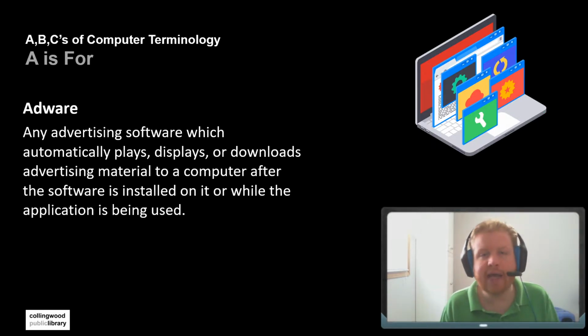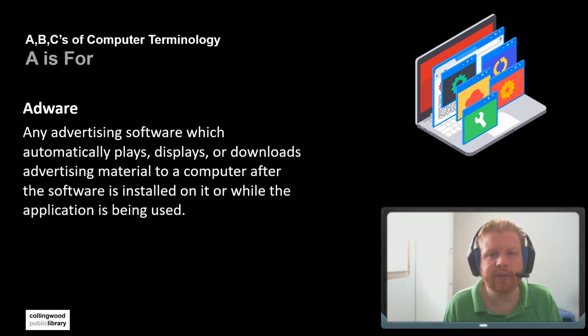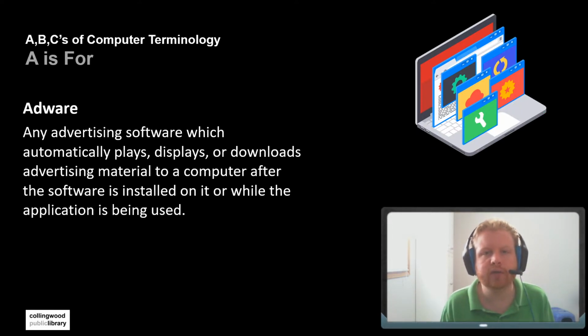Another A is adware. Basically these are advertising software. You can see them in different things. Generally, we'll find them in our web browser, but we can also see them sometimes in programs. These are materials that are trying to get you to click or interact with them, whether it's buying materials or talking about elections or what have you.